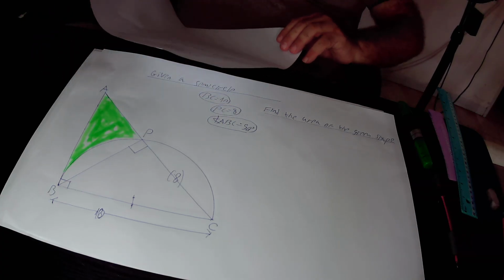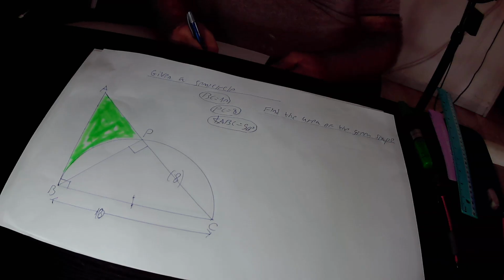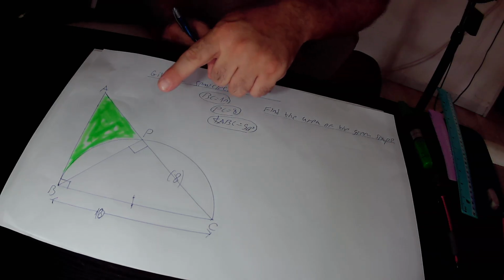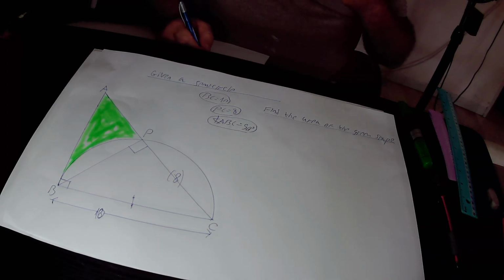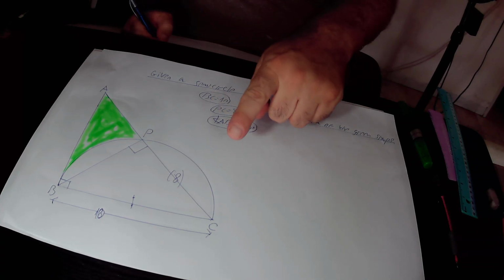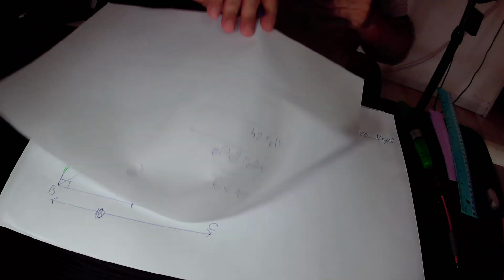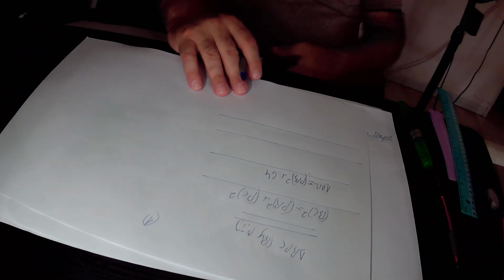BC is 10, therefore BC squared is 10 squared, it is 100, and it equals PB squared. PB is the missing side, so leave it as it is, so it will be PB squared plus PC squared. PC is 8, therefore PC squared is 8 squared, it is 64. So in total, we found that 100 equals PB squared plus 64.